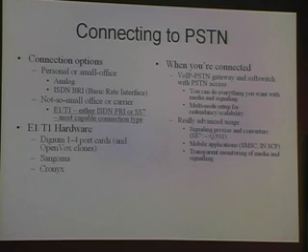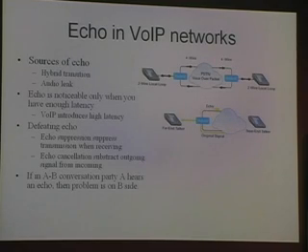When you connect to PSTN and translate your calls to voice over IP and back, you will encounter a couple of problems. One of those problems is echo. I have some diagrams here. There are two sources of echo: the hybrid transition and the audio leak.